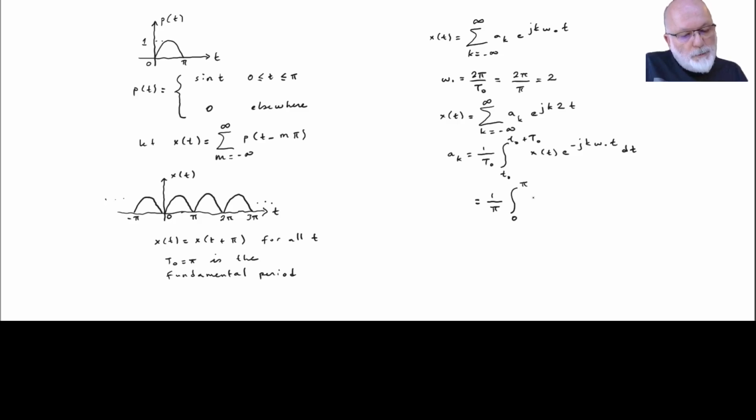So from 0 to pi, we are going to integrate sine t e to the minus j k 2t, and we are going to obtain a_k in terms of the index k. Now let us see how we carry out this integration operation.